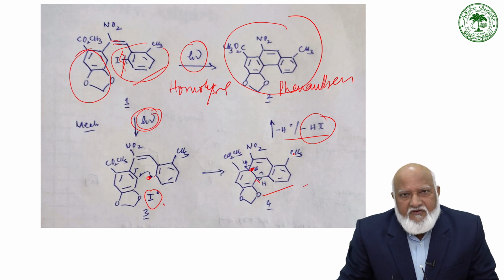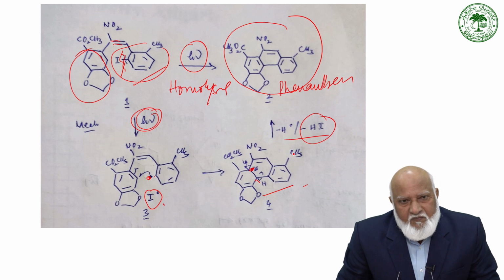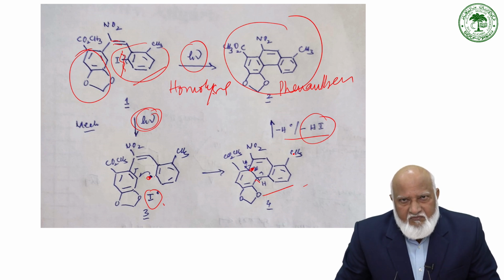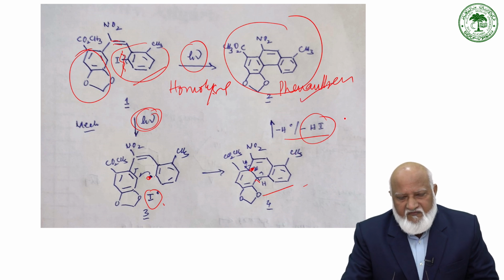So this is a very interesting reaction where, starting with two phenyl groups separated by an alkene, under photolytic conditions they can combine to give a polynuclear aromatic hydrocarbon such as the phenanthrene derivative.